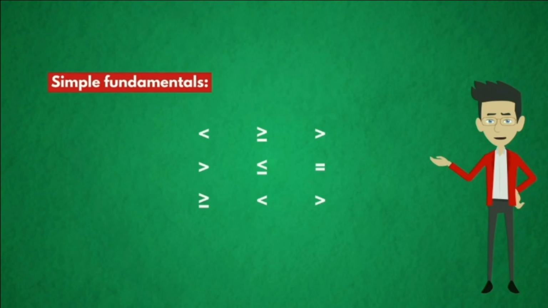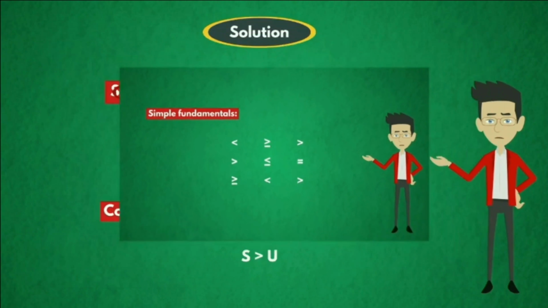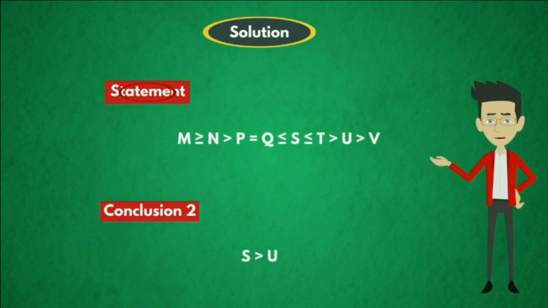Here in all these combinations, we can observe the less than, greater than combinations. If we get reverse combinations like these in the statement, then the related conclusions will be false. So conclusion 2 is false.